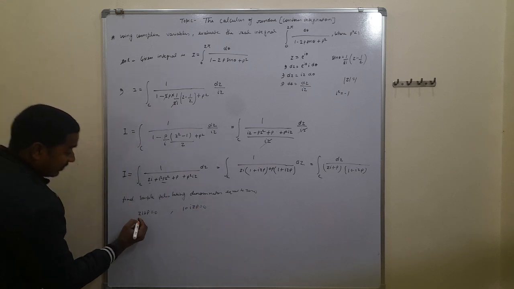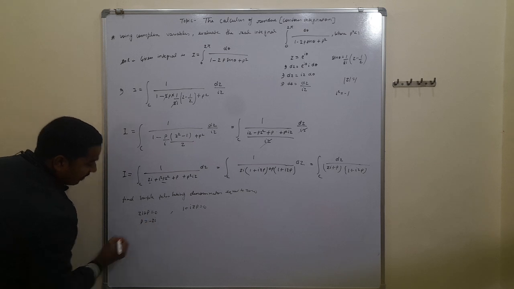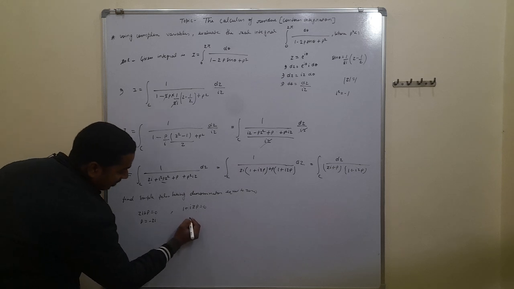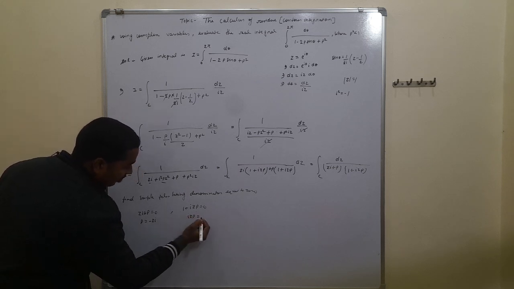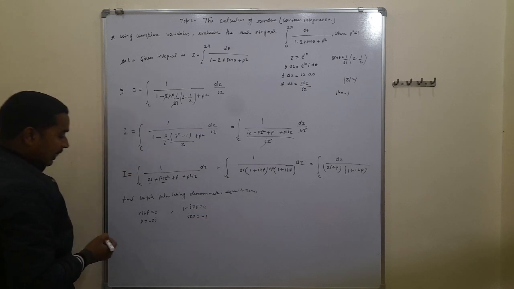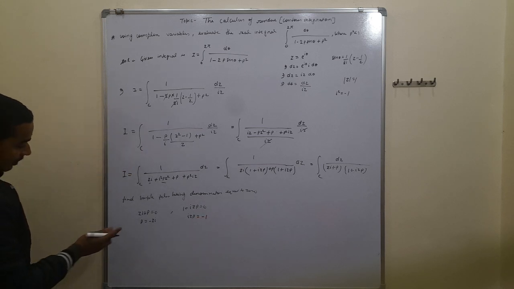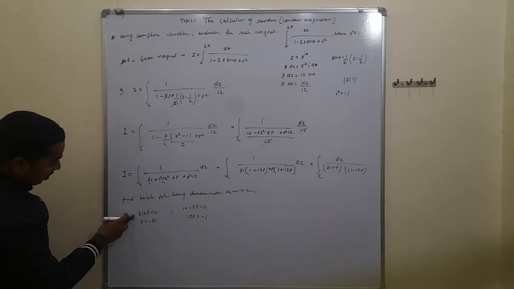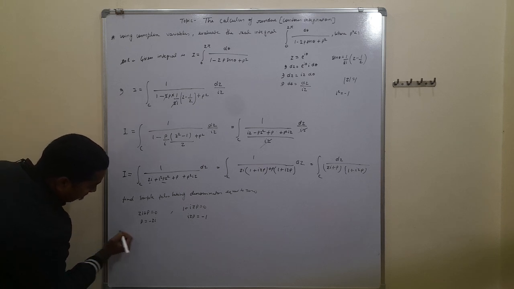From here, p is equal to minus zi, and from here we have to find the value of z. From here, izp is equal to minus 1, and we can also write zi is equal to p, that is, we have to find the value of p.